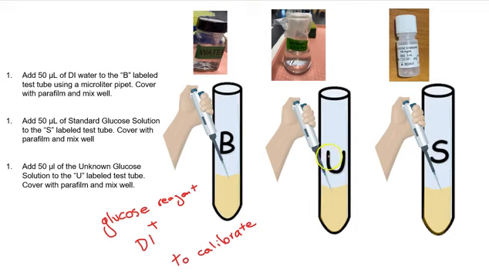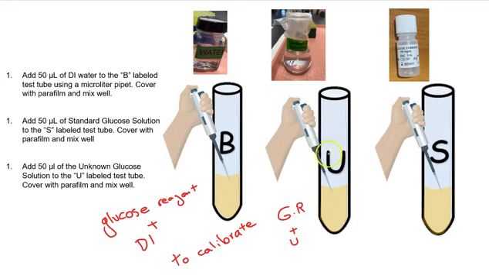Then we have our U solution or unknown solution, to which we added the glucose reagent, and now we are going to add our unknown solution.